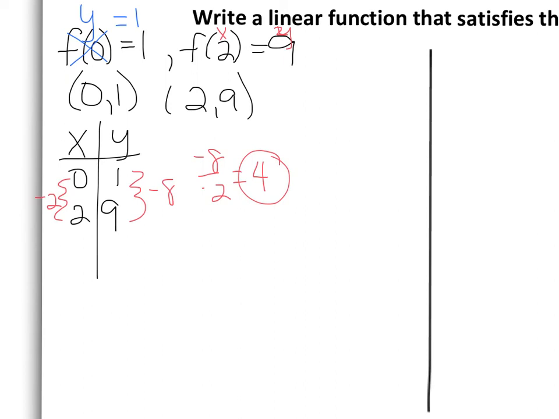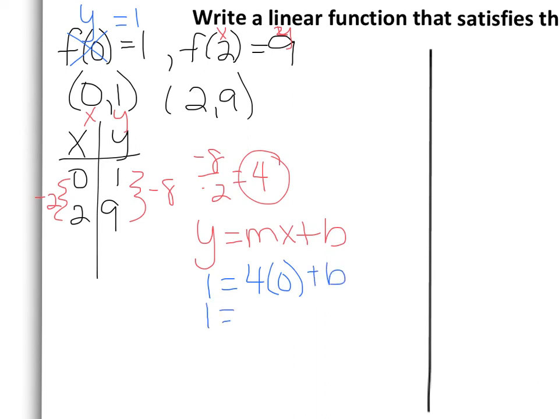Now I need to find my y-intercept. So we're going to use our generic equation of the line. Pick one of your points. I'm going to use that first one. Instead of y, I'm going to plug in 1. My slope is 4. My x is 0. And I'm solving for b. So you should end up with b equals 1.